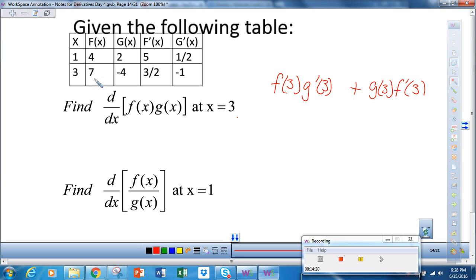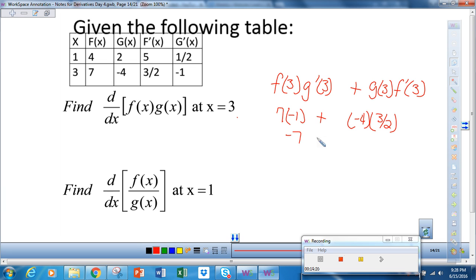So using our handy-dandy table, f of 3 is 7, g prime of 3 is negative 1, g of 3 is negative 4, f prime of 3 is 3/2.